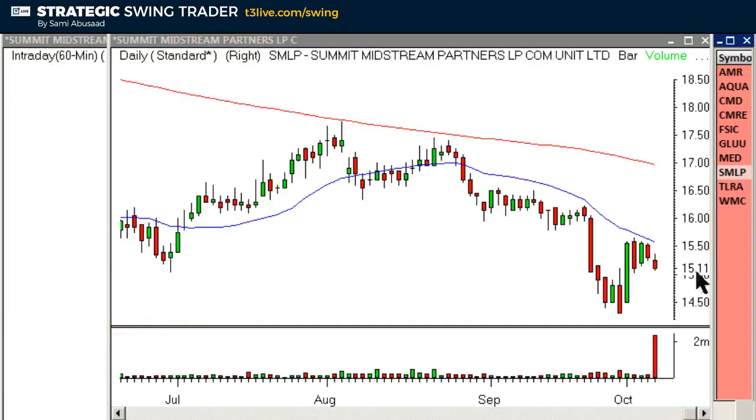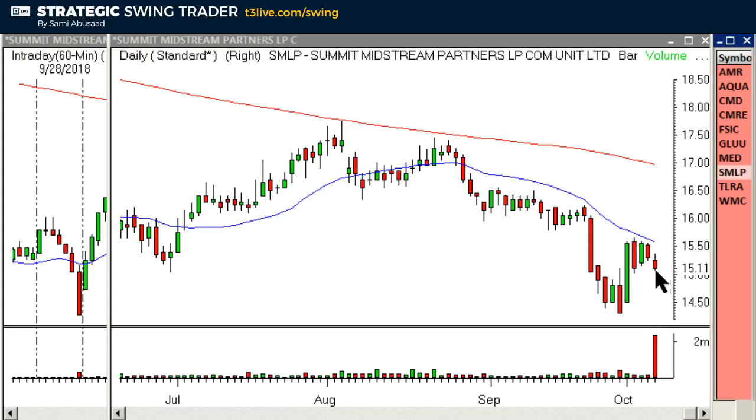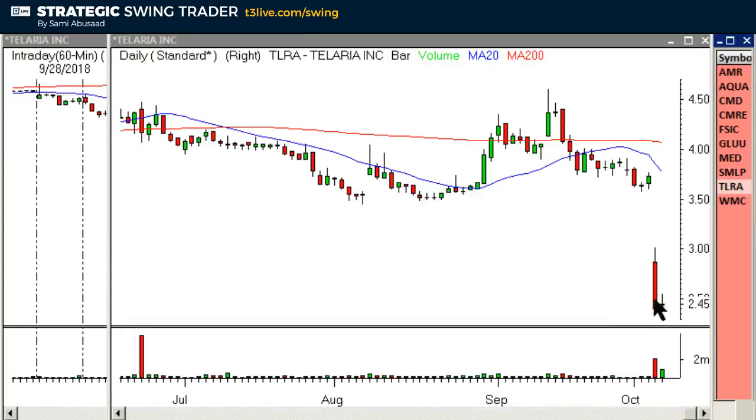Moves a lot. SMLP is a daily sell setup, so just a standard daily sell setup. TLRA is a 1, 2, 3 after a professional gap down that gapped under support. See this? When a stock gaps under support, in this case, it gapped well below support. The best gaps are the ones that gap just under support. These are powerful.